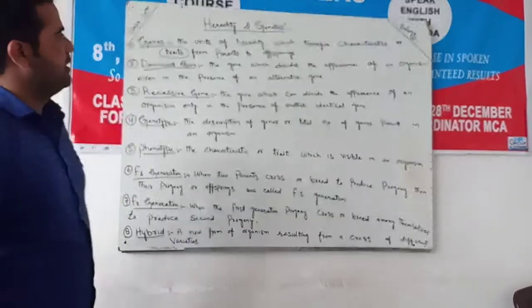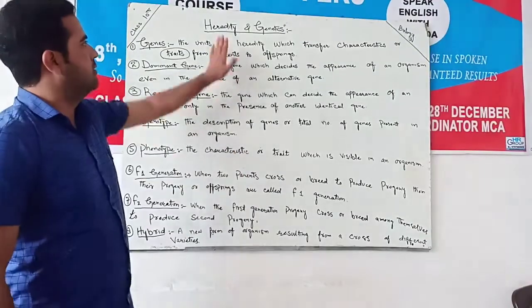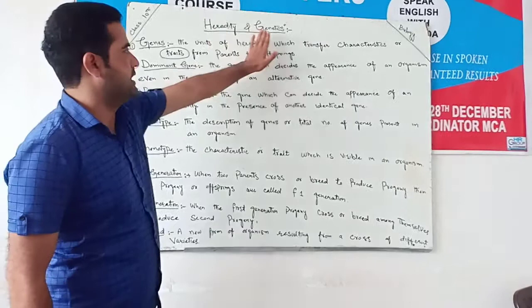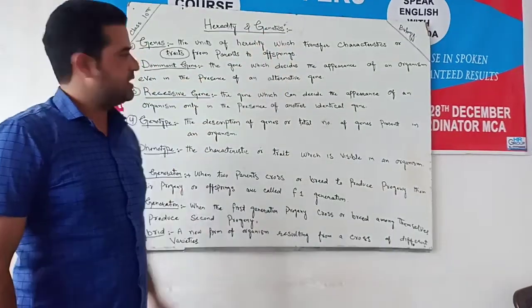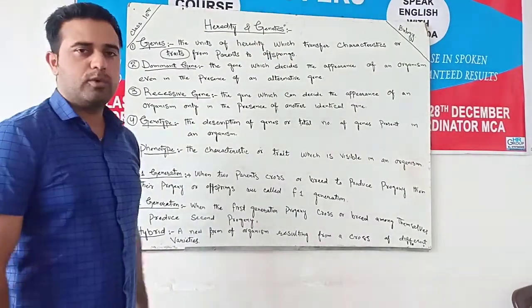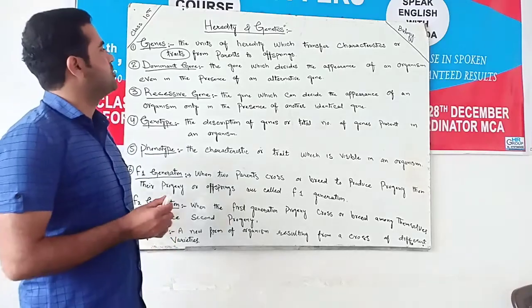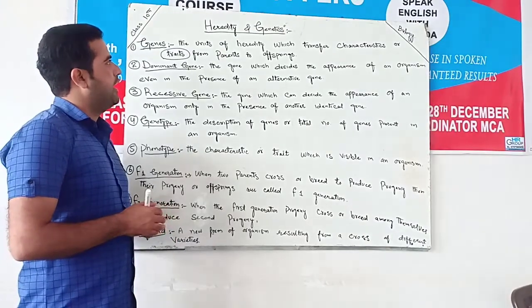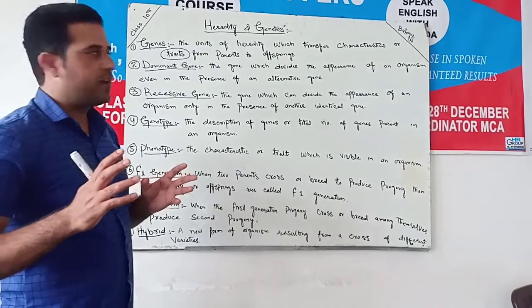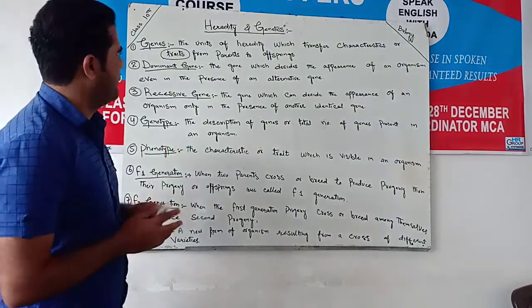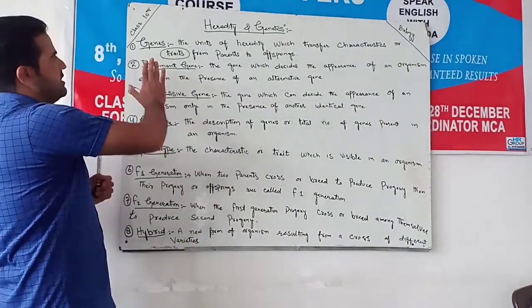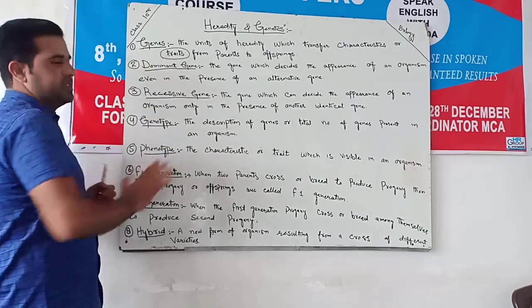In the previous chapter, we discussed what is heredity, what is genetics, what is variation, what are chromosomes, and where these chromosomes are found inside the cell. Now today, we will discuss what are genes.